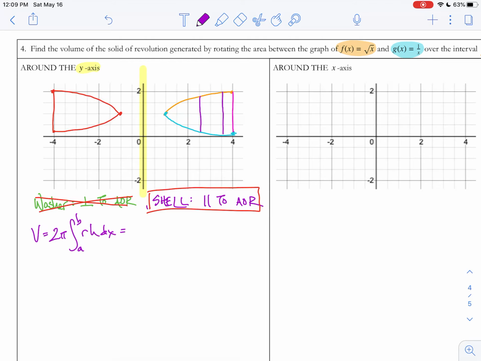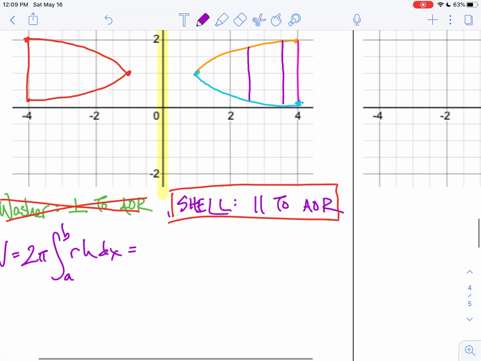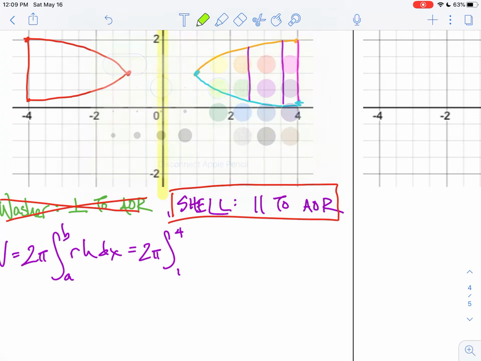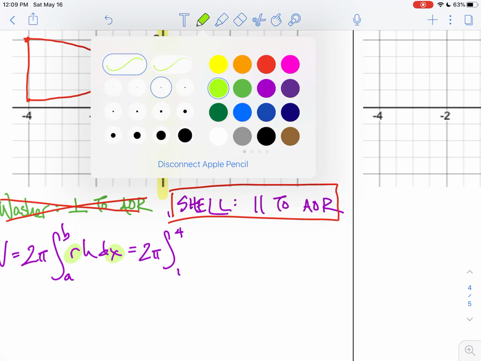Now let's fill in our a and b and our radius and our height. So I know this is going to be 2 pi. I start at 1, I end at 4. My radius is just my last letter in the case when we are rotating around an axis.